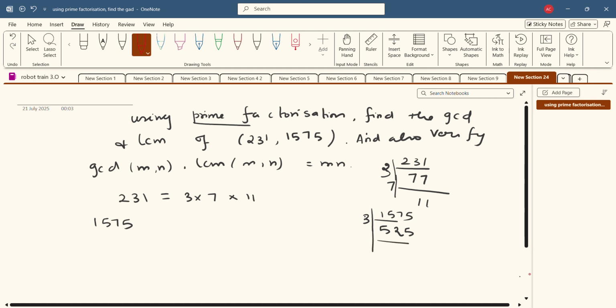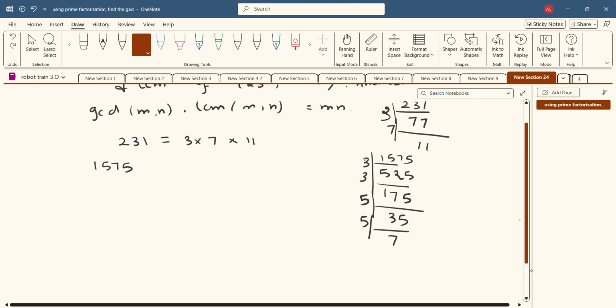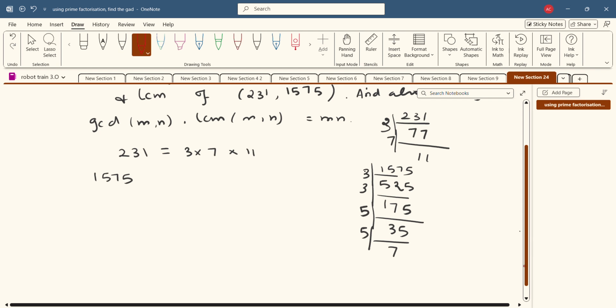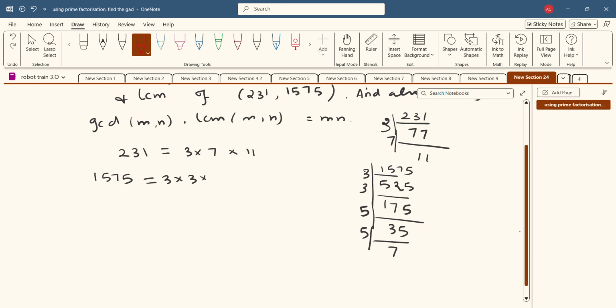Once again 3 is possible, giving 175. 175 is not divisible by 3, so the next least prime number is 5. 175 divided by 5 is 35, and 35 divided by 5 is 7. So 1575 can be expressed as 3 into 3 into 5 into 5 into 7, that is 3 squared, 5 squared into 7.